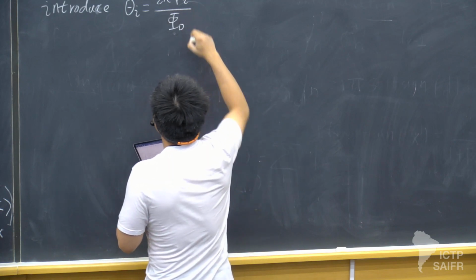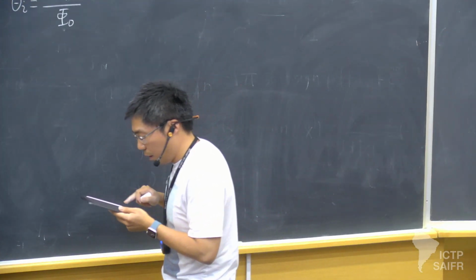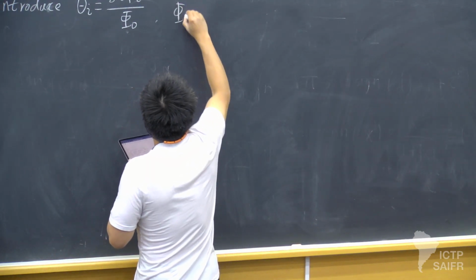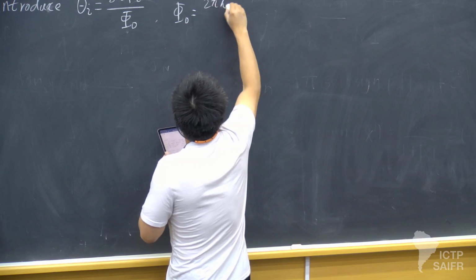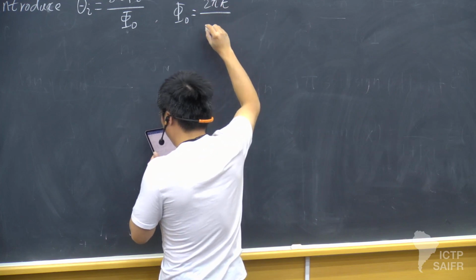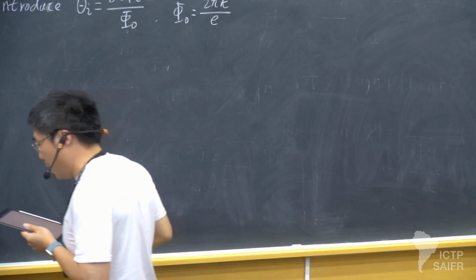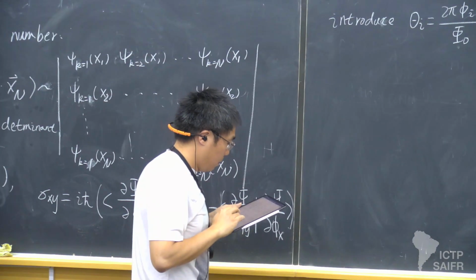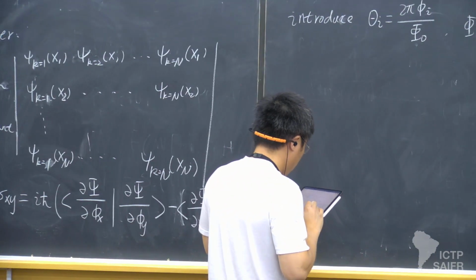This phi 0 is the flux quantum that I introduced right before, right? Just to remind you, this phi 0 is the unit of magnetic flux, just like e is the unit of charge. Okay, I introduce this theta i.